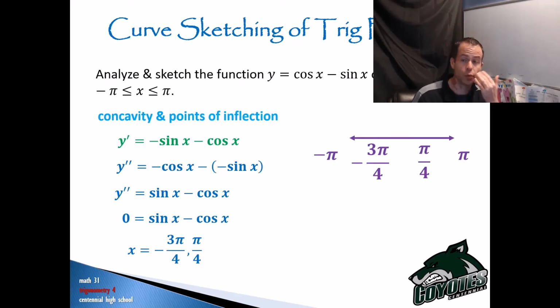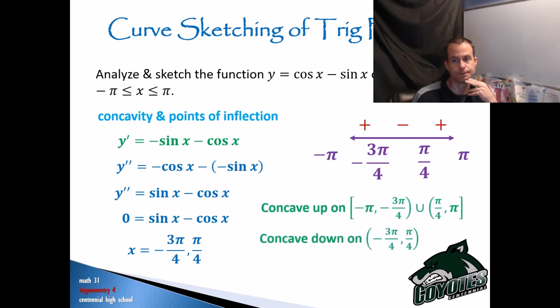Okay, so when I plug that in, I should get positive, negative, positive. So I do see a changing concavity at negative 3 pi over 4, and I see a changing concavity at pi over 4. Okay, so I'm going to say I'm concaving up from negative pi to negative 3 pi over 4 in union with pi over 4 to pi, and I'm concaving down from negative 3 pi over 4 to pi over 4.